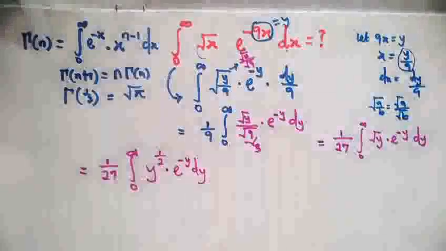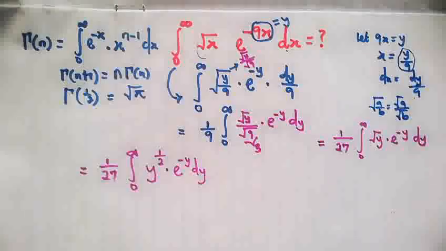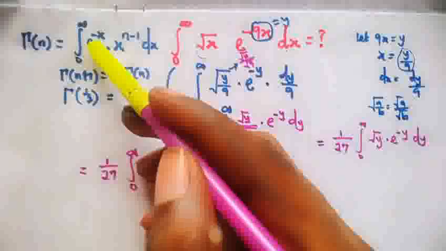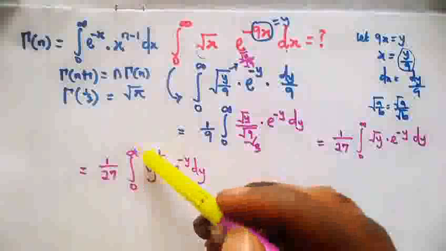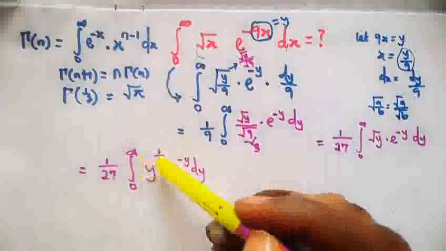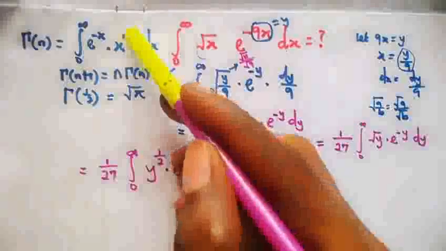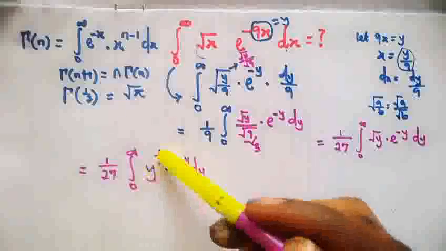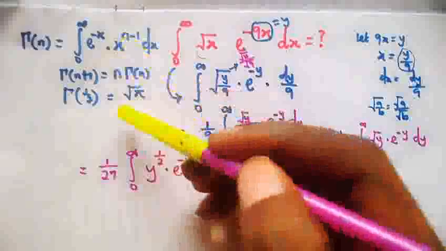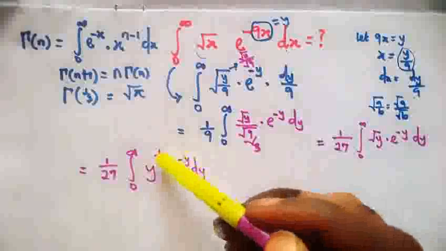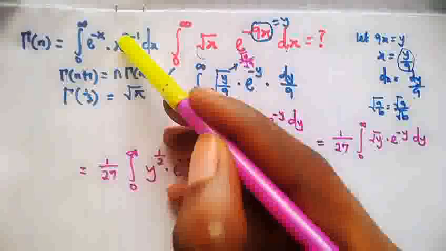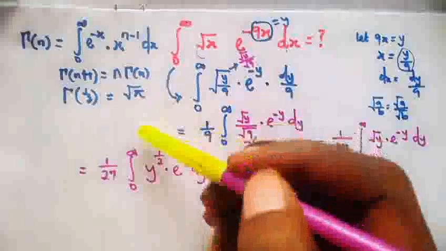Now this is almost looking the same as the integral representation of the gamma function, but the slight difference is that the power of y here and the power of x in the definition are not the same. So how do we rewrite 1 over 2 in the form of a number minus 1? We can compare the powers.